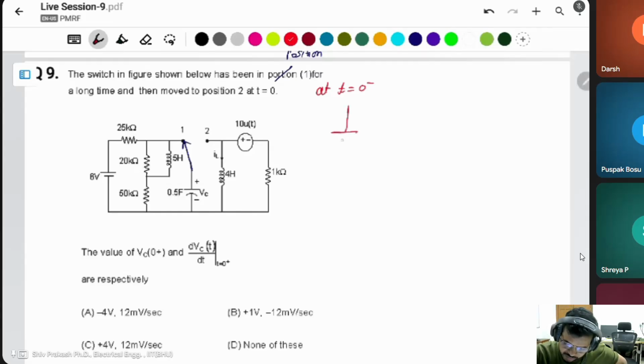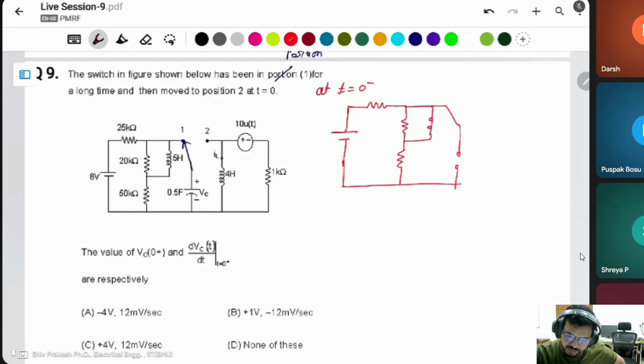In this circuit, the capacitor will be open circuit and inductor will be short circuit. This is 50 kilo ohm, this is 20 kilo ohm, this is 25 kilo ohm, this is 6 volt.